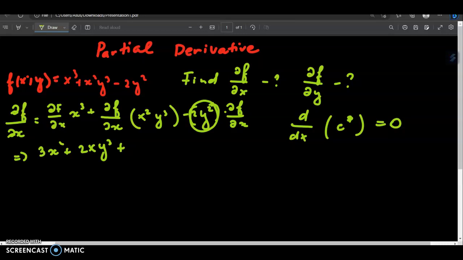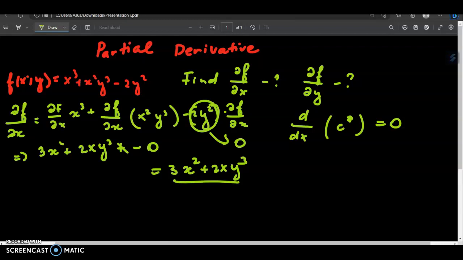Because there is only y in this term, we consider this part as a constant. So it's going to be minus 0. So it's equal to 3x squared plus 2xy cubed. This is the derivative with respect to x.